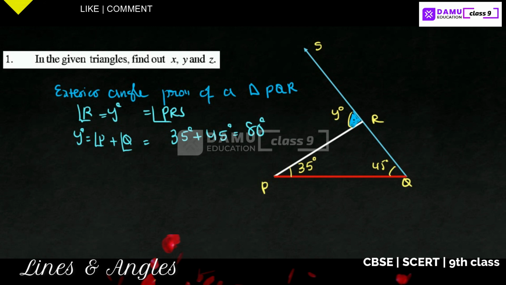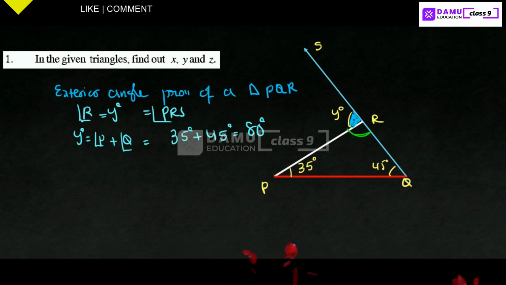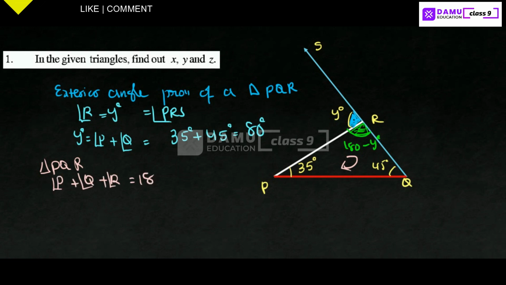Or you can go with, as I told here, this angle will be equal to, from linear pair, 180 degrees minus y degrees. So let's take the sum of all these values from triangle PQR: angle P plus angle Q plus angle R will be equal to 180 degrees. Angle P is 35 degrees, angle Q is 45 degrees, angle R is 180 minus y degrees, that will be equal to 180 degrees.